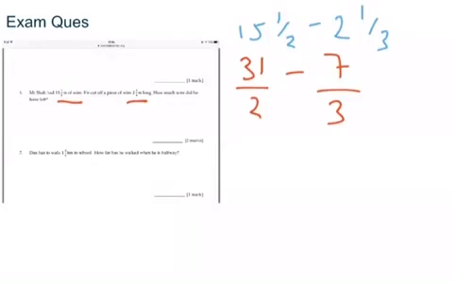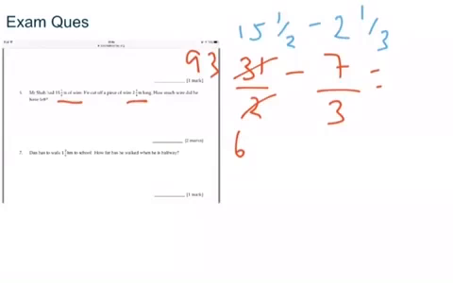So 31/2 minus 7/3. Well, how do we do that? We know how to subtract fractions. We need a common denominator. So what do 2 and 3 both go into? Well, they both go into 6. 2 times 3 is 6. So if I multiply the bottom by 3 and multiply the top by 3, what's 31 times 3? Well, it's 93.